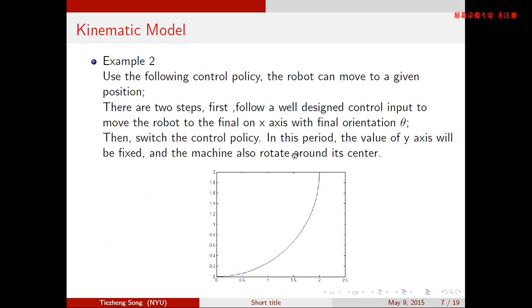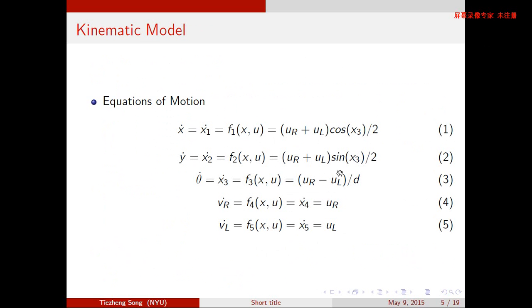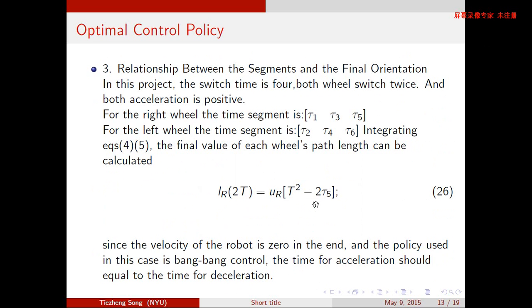Integrating these two differential equations, we can have this function. We can have this relationship between the time segment tau 5 and the distance for the right wheel to move in the whole time interval given by 2T.